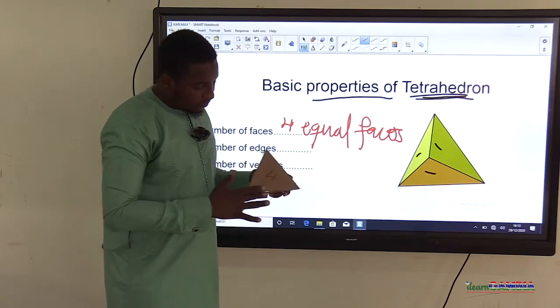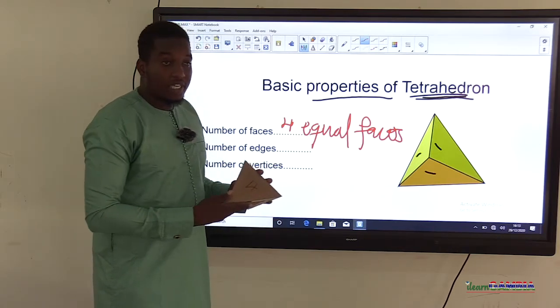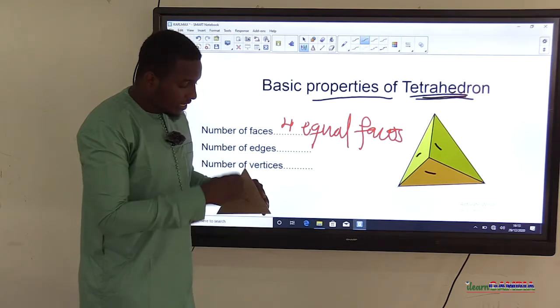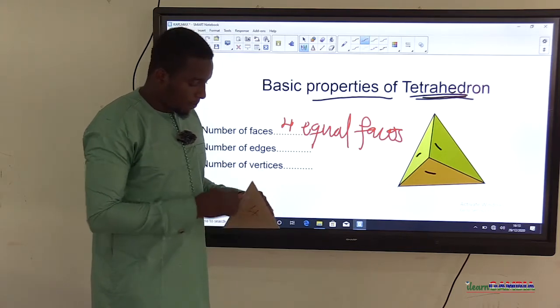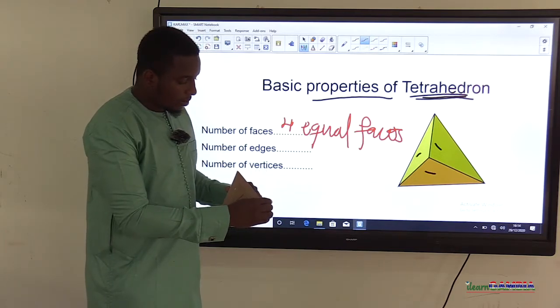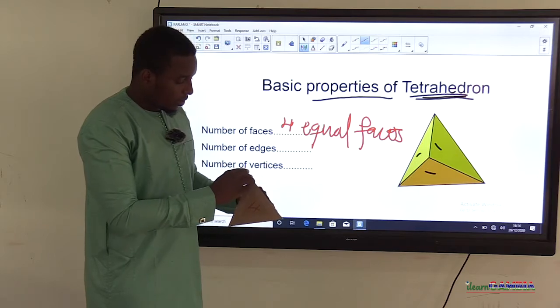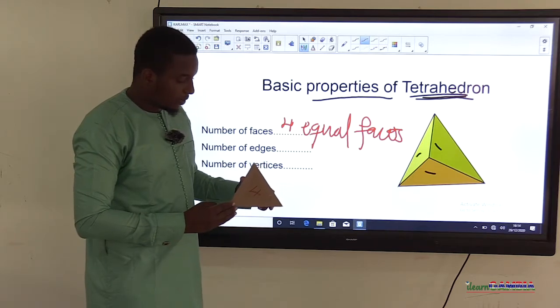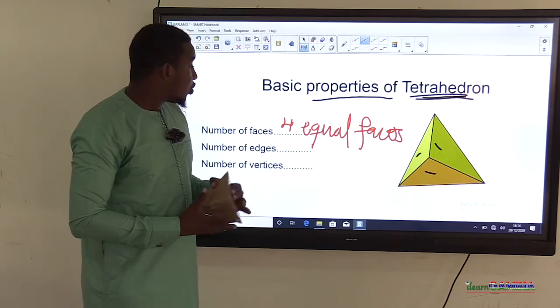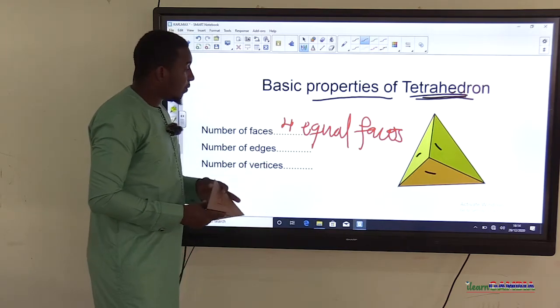The faces are equal in the sense that each face represents an equilateral triangle. Thus we have 4 equal faces.